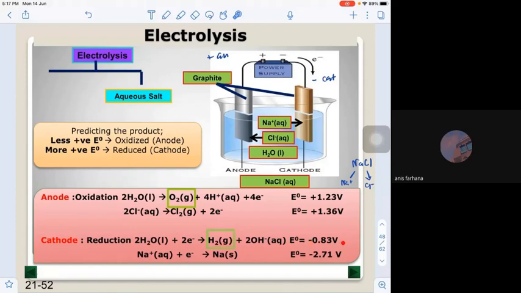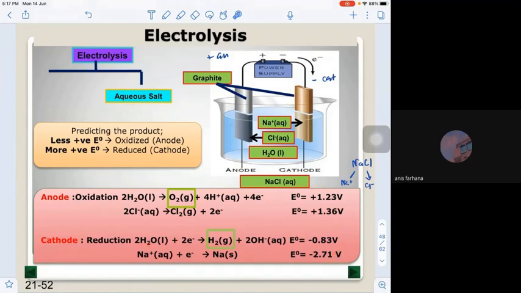This is from the table, don't worry. Or the sodium ion that is reduced. From the table, check where the sodium equation is. It is number 5 from above. Reduction: sodium aqueous plus 1 electron turns to Na solid with the E naught of negative 2.71. So we have listed all the possible reactions.